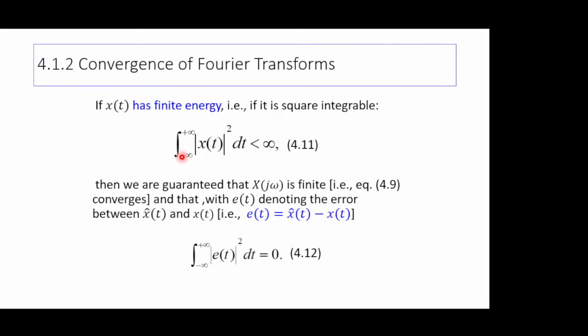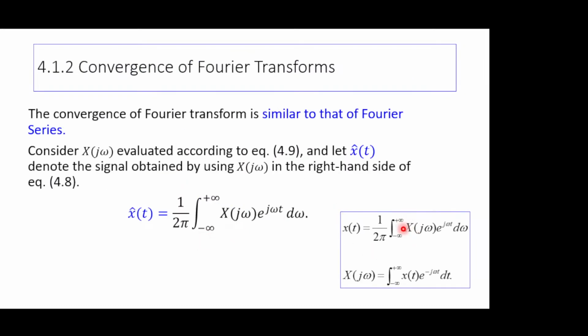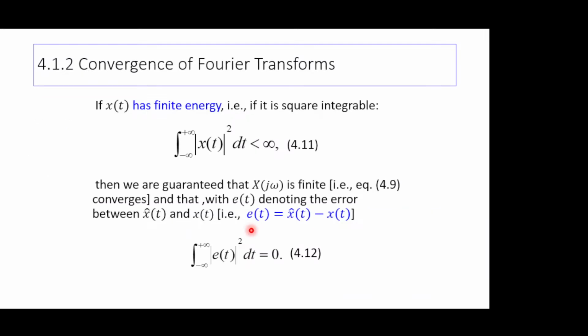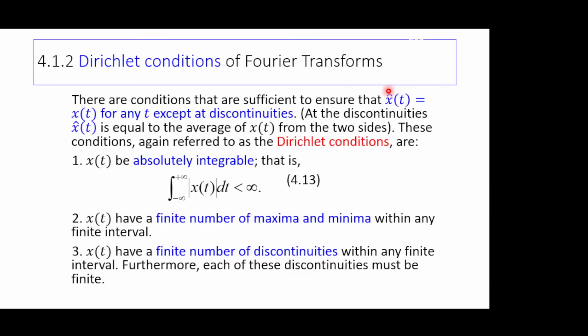Now it's at every t, when you push this integration interval, so you're thinking about you put the integration interval from some minus b to plus b, and then push b to infinity, then your x hat will converge to your x of t.